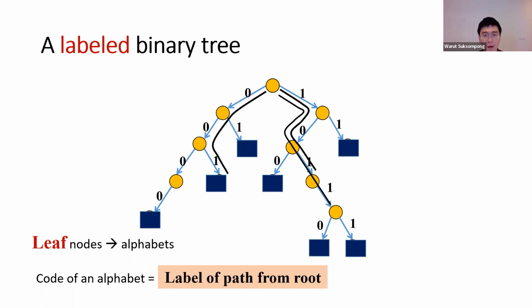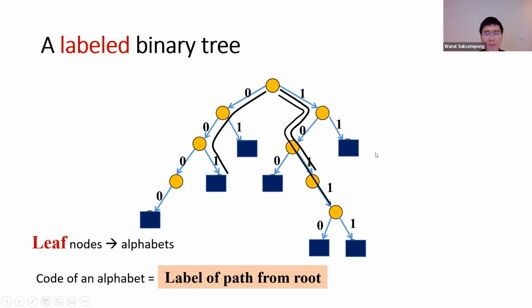These leaf nodes are the letters, like A, B, C, D, E, attached to these blue squares. The code for each letter is the path from the root. Let's say to the leftmost leaf node, the code is just 0000, four zeros. Or the rightmost vertex of depth 2, that's just 11.